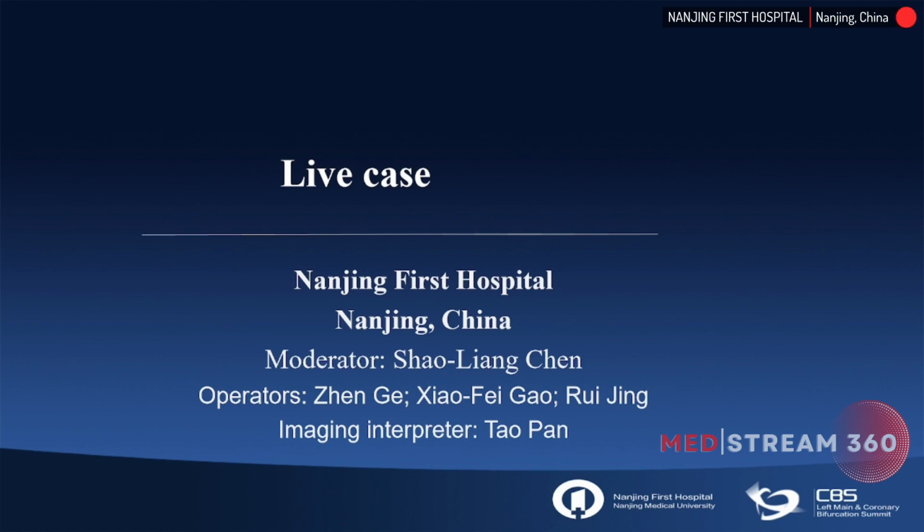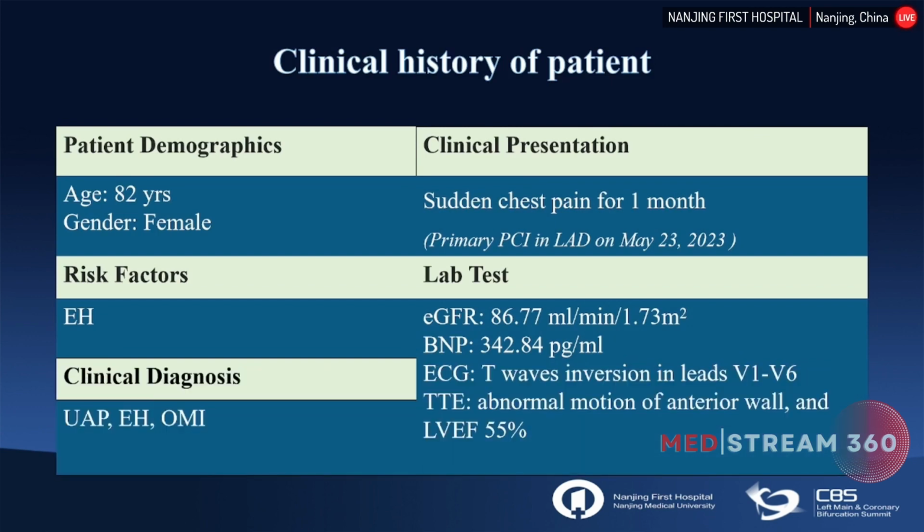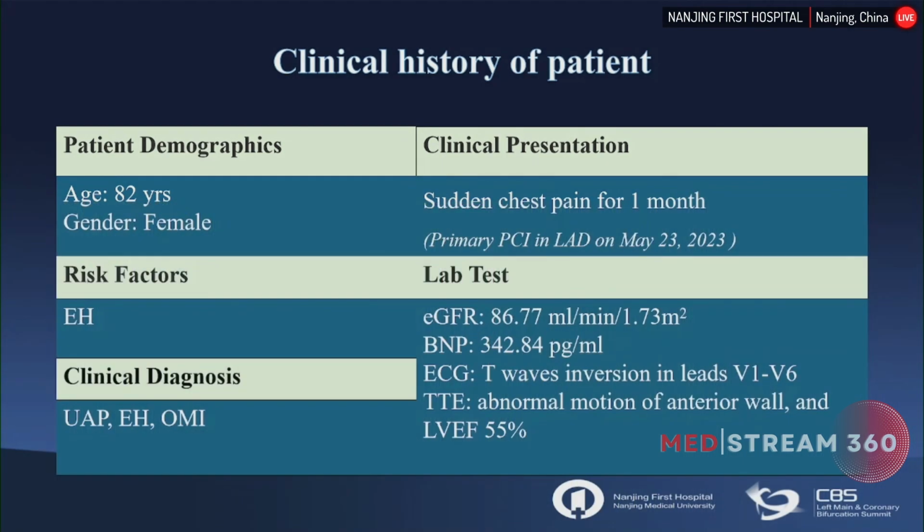It's my honor to introduce this case. This patient is an 82-year-old female. She was admitted into our hospital due to sudden chest pain for 1 month. This patient received prior PCI due to acute myocardial infarction of the anterior wall on May 23rd, 2023. She suffered from essential hypertension for several years.